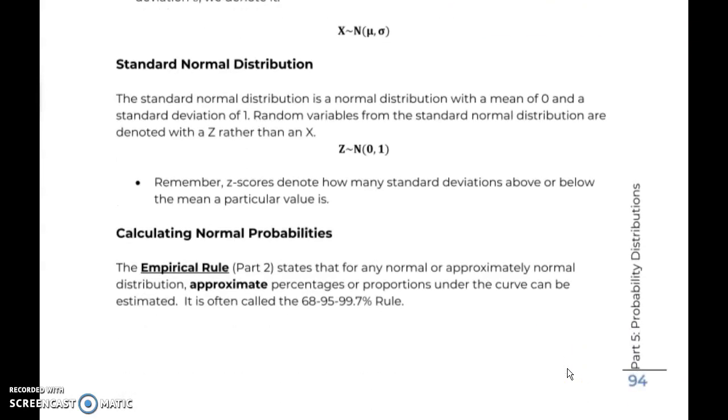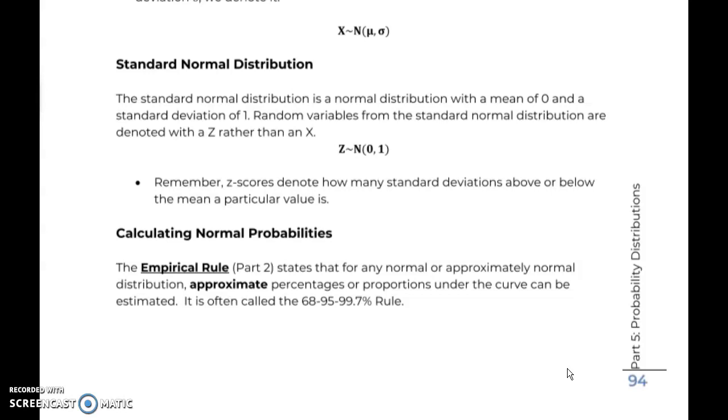Then we have the standard normal distribution, which actually is what we get when we convert our values to z-scores. Because remember, a z-score tells us how many standard deviations above or below the mean a particular value is. So we look at each value, determine the distance from the mean, and then divide by the standard deviation in order to figure out how many standard deviations above or below the mean each value is.